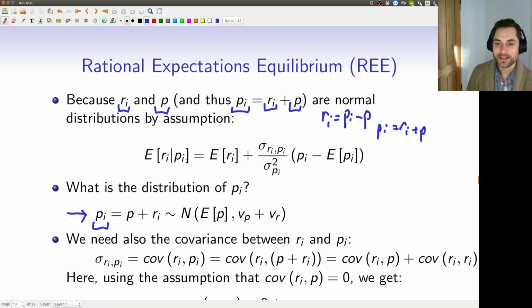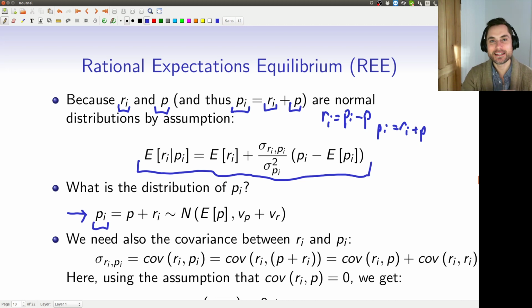So, what is this equation here? This is an equation that I'm not going to derive, but it's a nice property of normal random variables, which is the conditional distribution of a normal random variable. Let me say it this way.